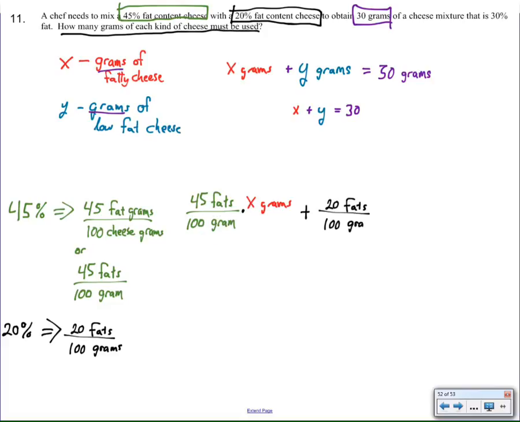Here, 20 fats over 100 grams times Y grams, again, grams divided by grams, gives me fat grams. I need 30 fats out of 100 grams of cheese, in other words, 30% of 30 grams. Again, grams cancel, and I'm left with just fats.